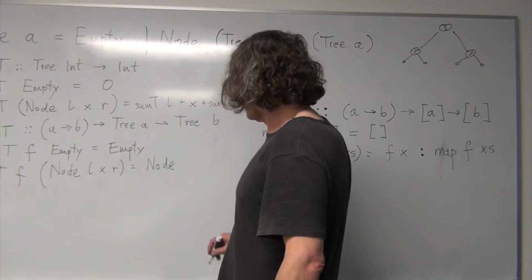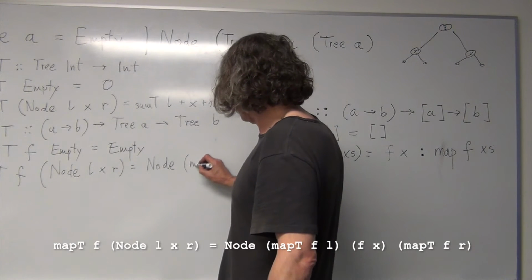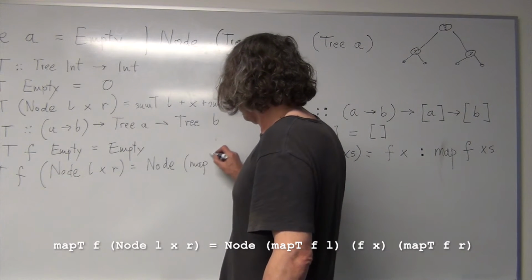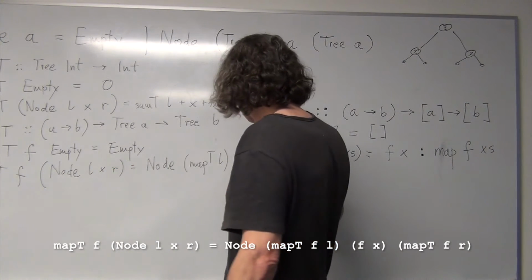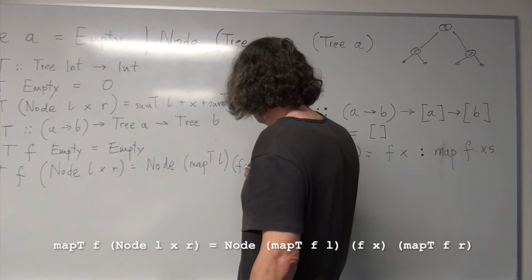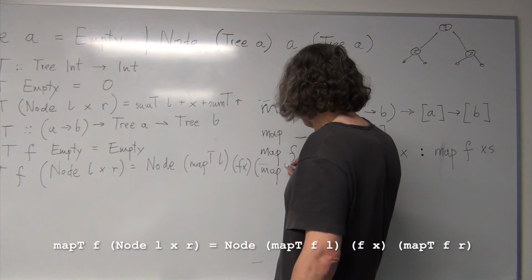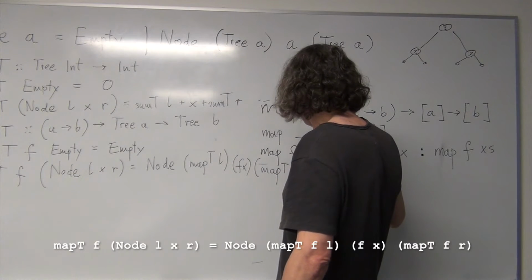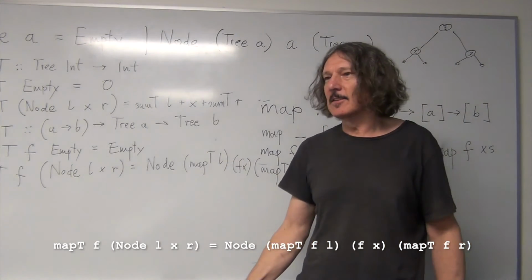So we'll reconstruct a node where the first element is applying mapT to L, then applying f to x, and finally applying mapT to R. Right? I mean, if you look at it, there's nothing else you can do.